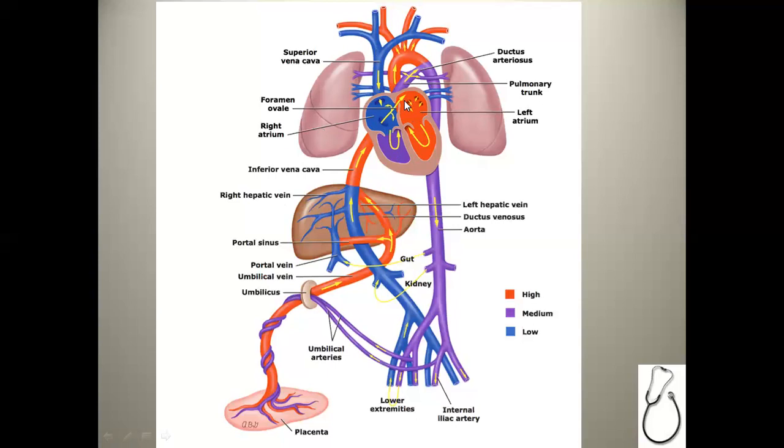Now the volume and the pressure in the left atrium become much higher than in the right atrium. This pressure gradient between the two atria results in the functional closure of the foramen ovale, although it remains patent until adult life.